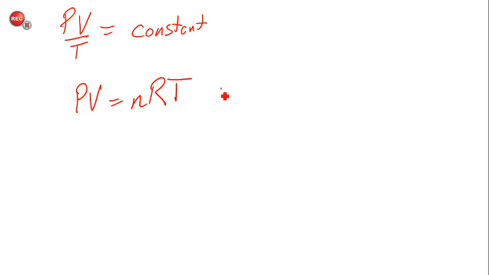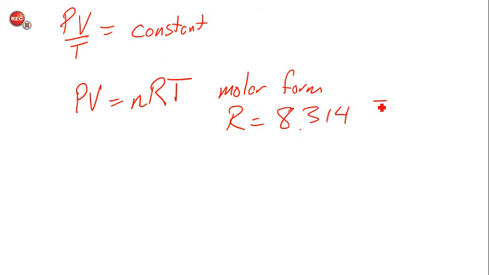So this is the molar form, we'll call it. R here is the gas constant, and it is 8.314 joules per Kelvin mole. That's the chemistry form, and so this counts number of moles.